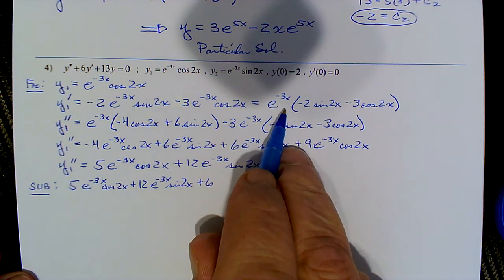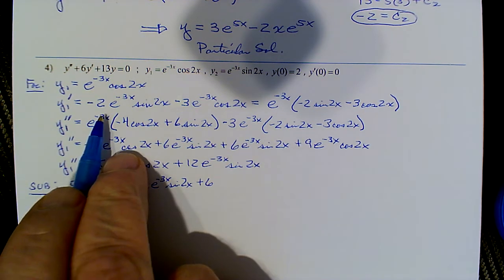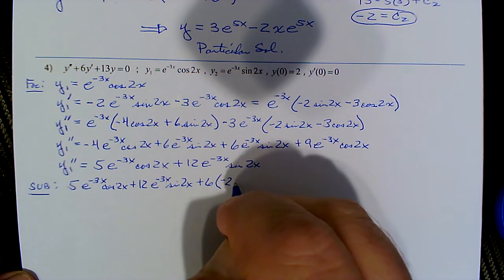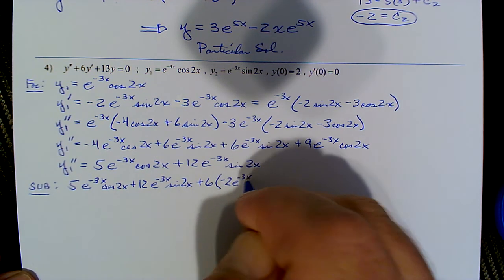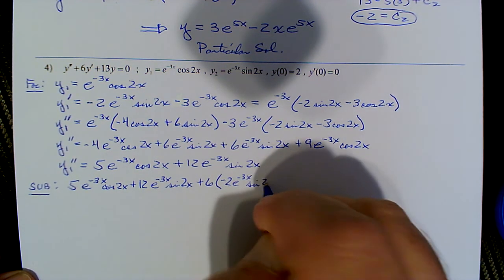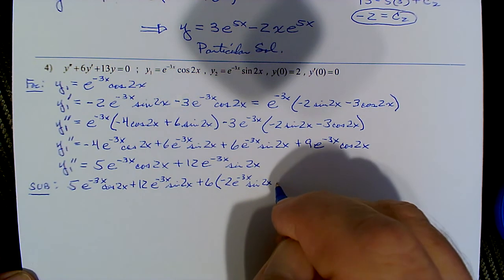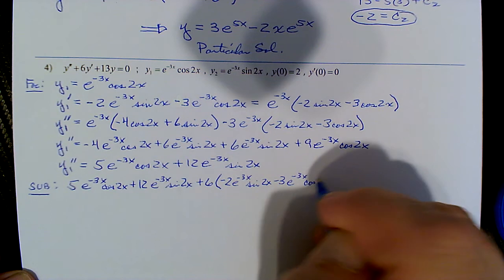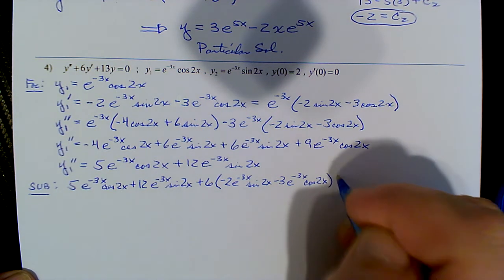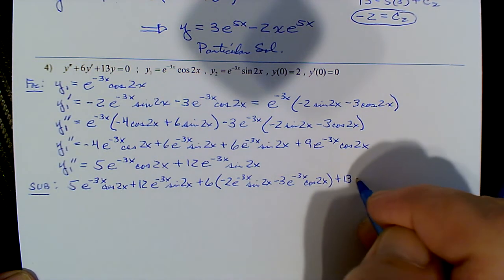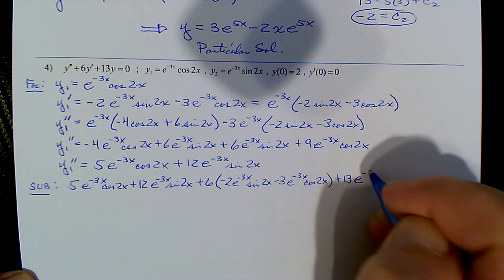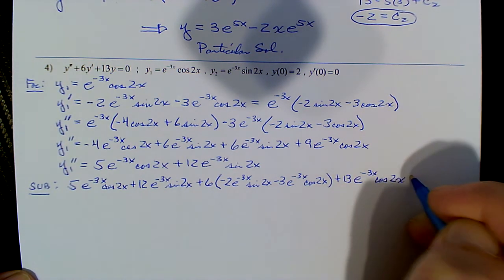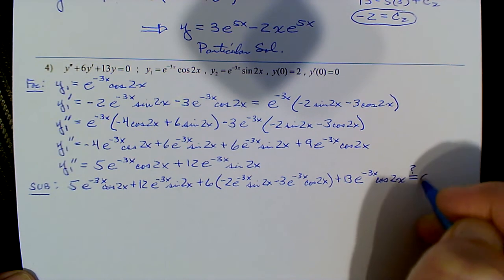And for y prime, let's use the unfactored form, negative 2 e to the negative 3x sine of 2x minus 3 e to the negative 3x cosine 2x, and finally plus 13 times the function y, which was e to the negative 3x cosine of 2x, is that equal to 0?